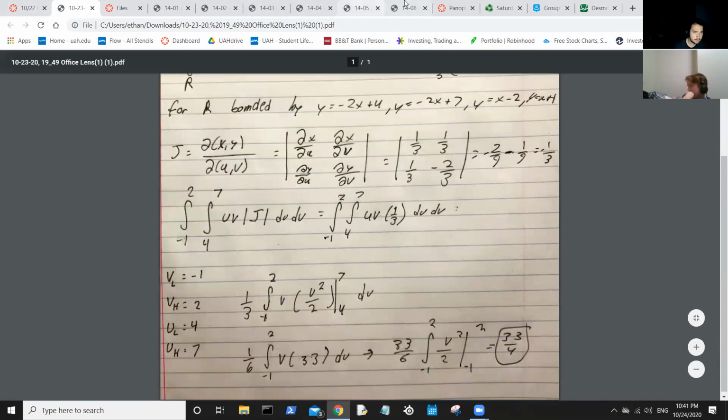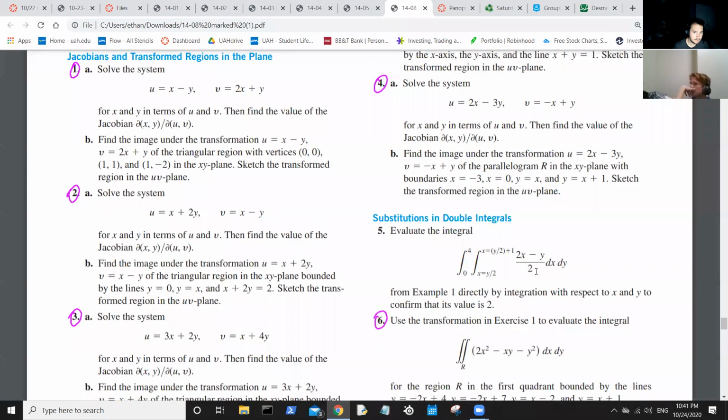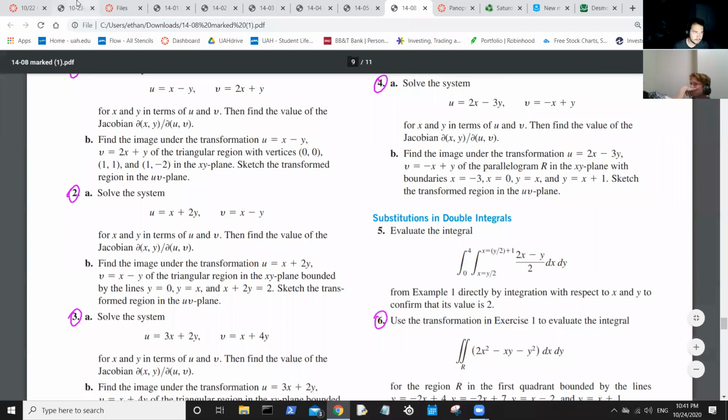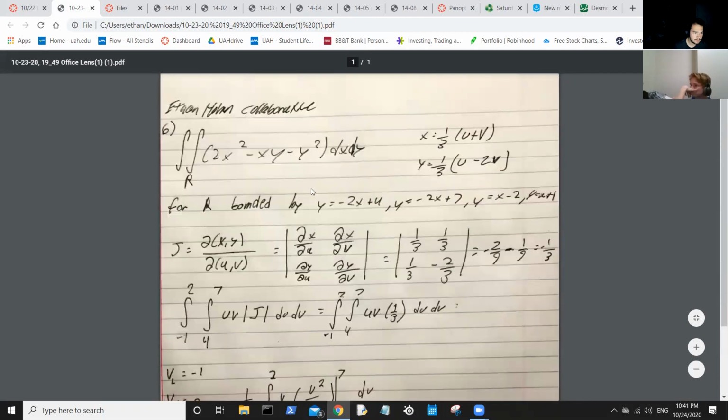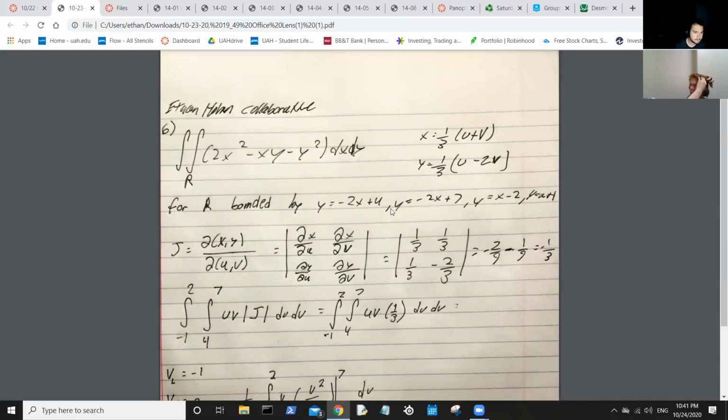Let's go to 14.8. Wait, scroll up a little bit. Oh no, yeah. So U and V are just closely related to these two.